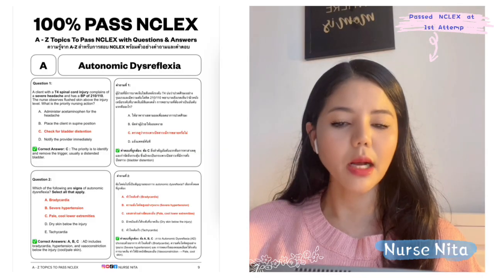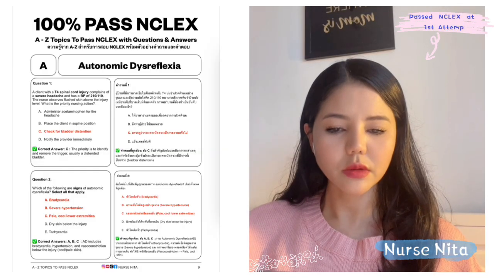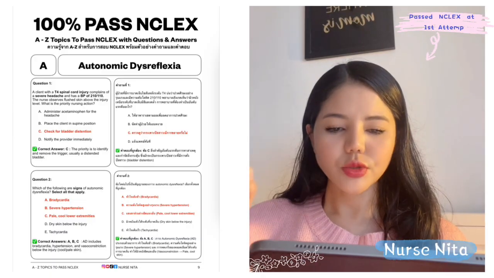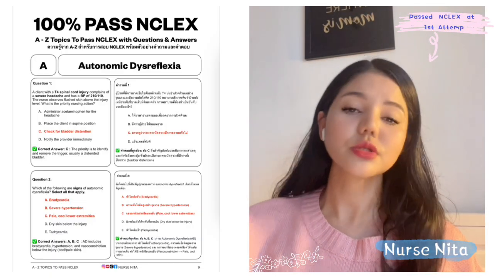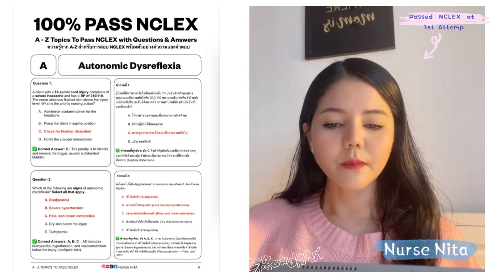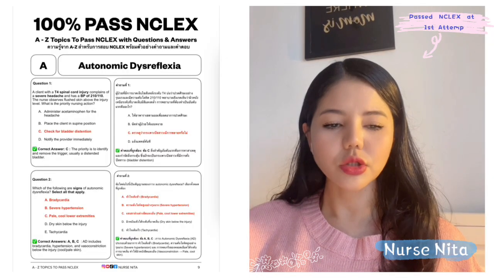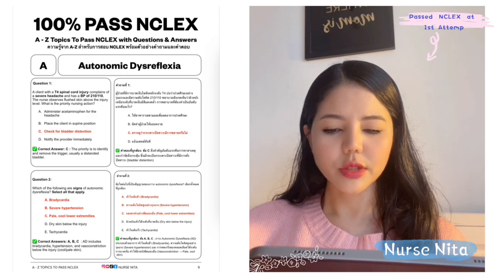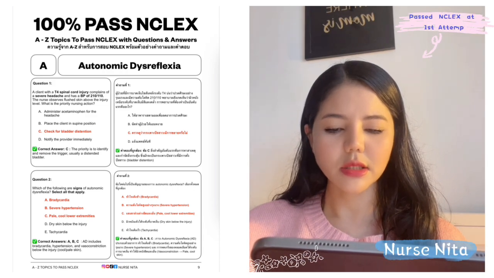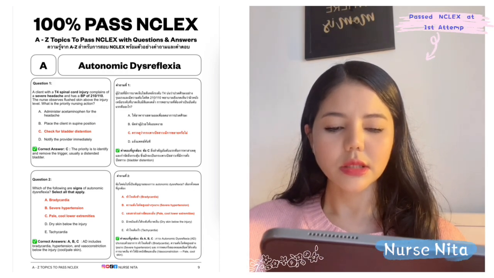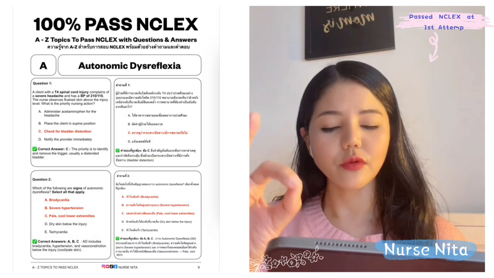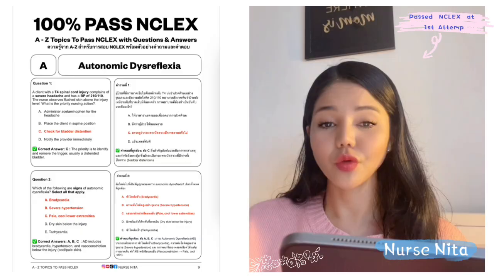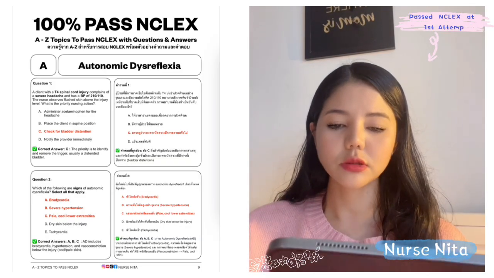So we think about a spinal cord injury above T6, the patient has a severe headache and extremely high blood pressure, so we think about autonomic dysreflexia. The correct answer is C. The priority is to identify and remove the trigger, usually a distended bladder or fecal impaction.